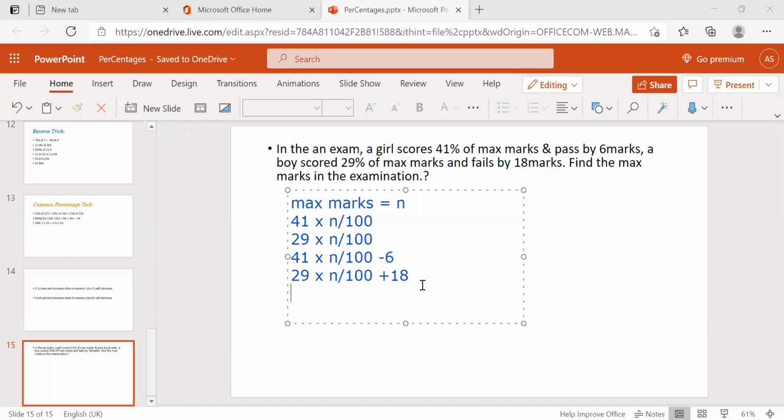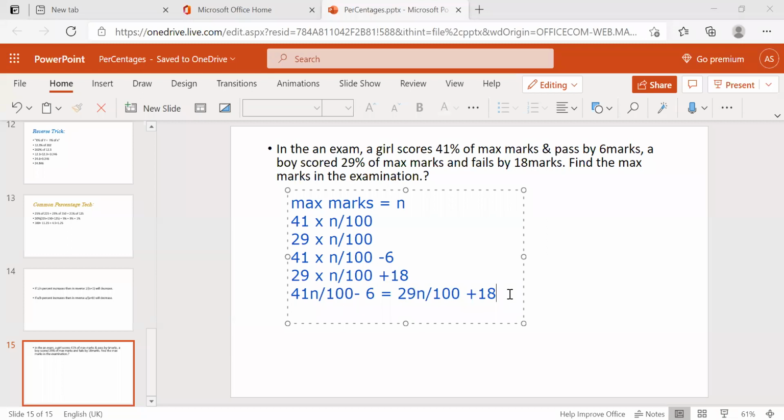So we can equate: 41n by 100 minus 6 equal to 29n by 100 plus 18. Is it clear? So this also represents 35 marks, which is nothing but the pass marks.